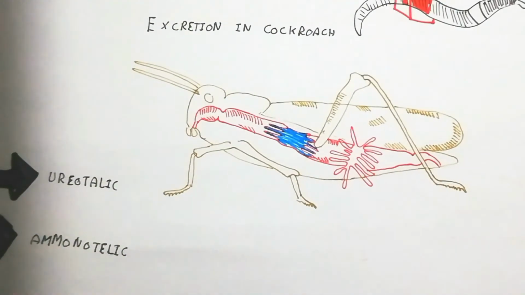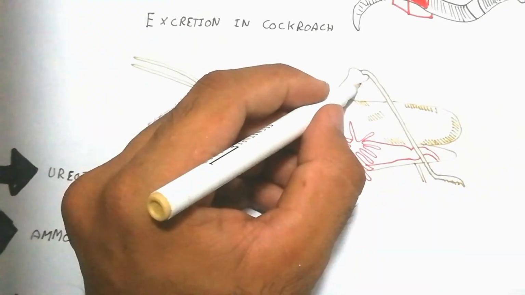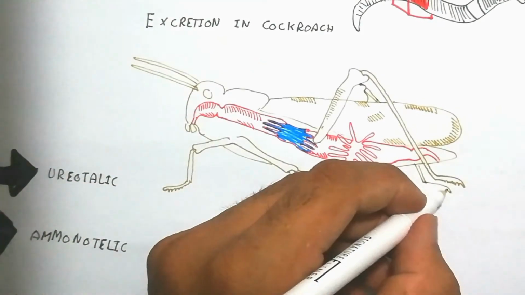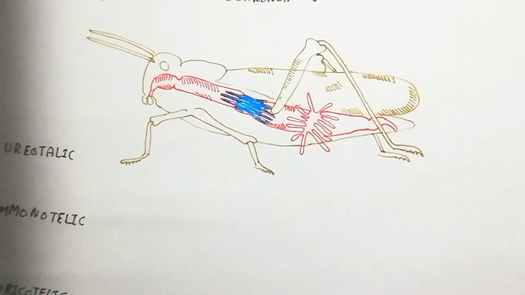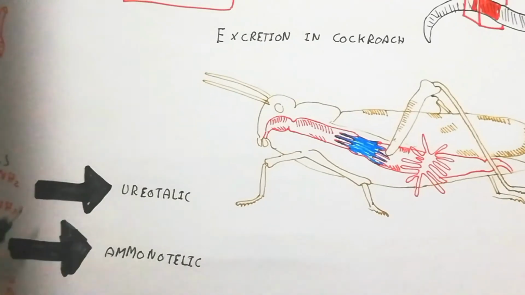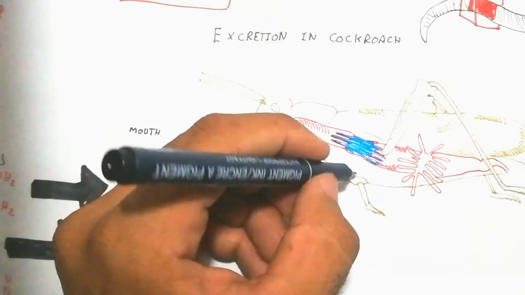Now next we will talk about excretion in the cockroach or insect. Here are the well developed Malpighian tubules, surrounded by the digestive system. Their digestive system is attached to the excretory system as well.